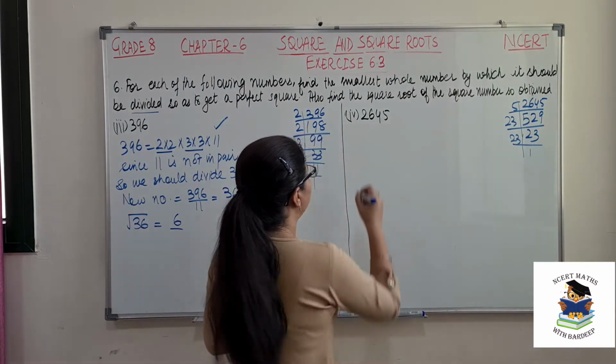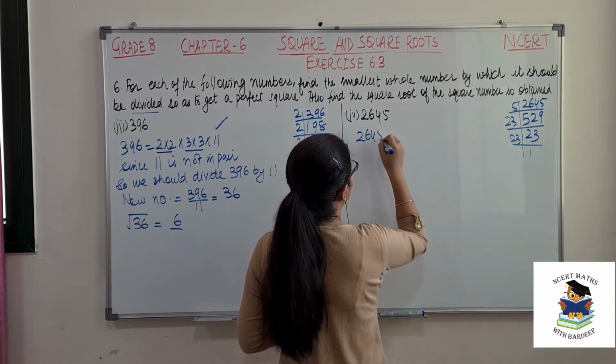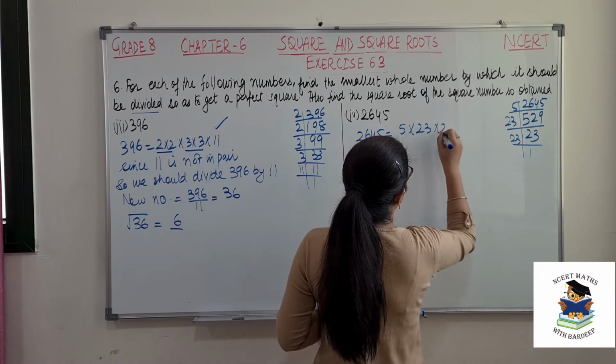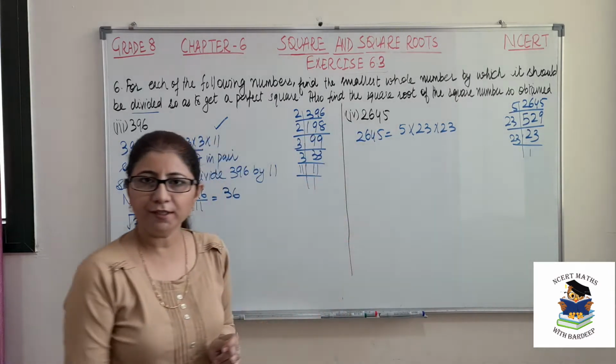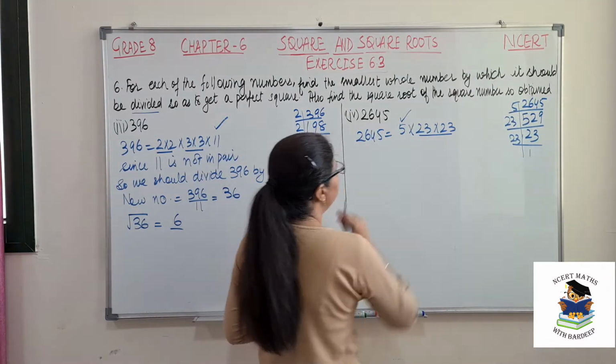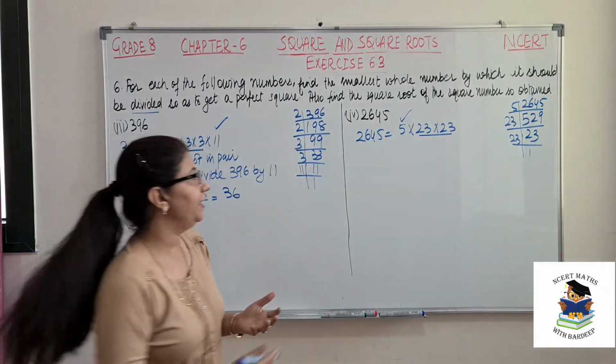Okay, so what are the factors? 2645 is equal to 5 into 23 into 23, right? So only 23 is in pair, so we will divide our given number by 5.